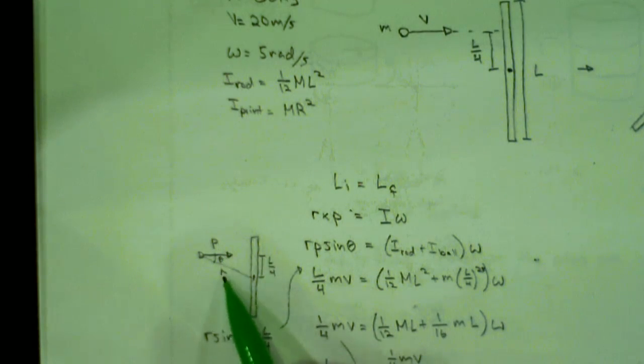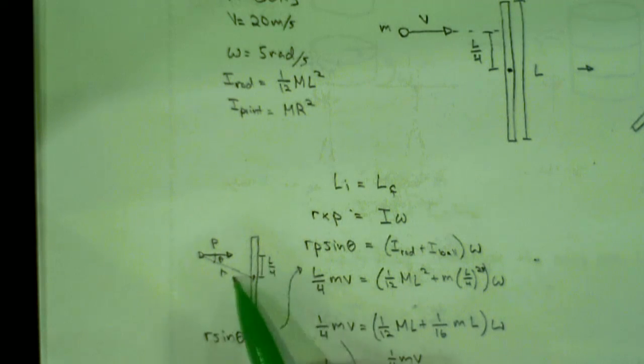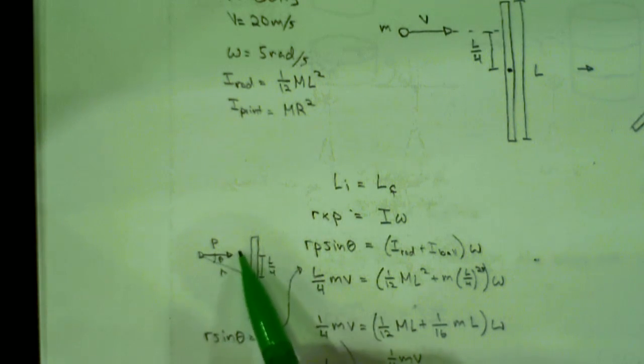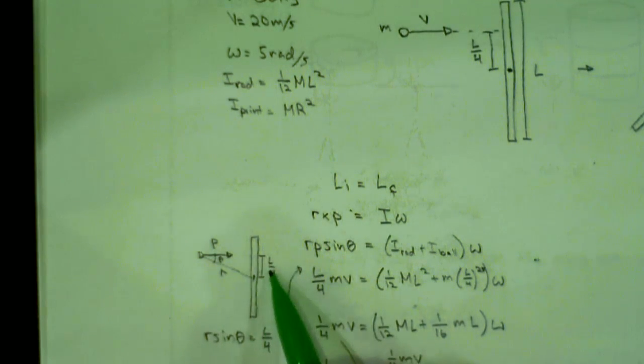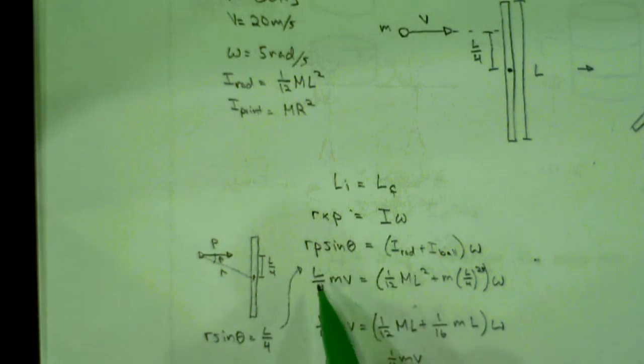And so if we were to do r sine theta, using trig, r sine theta is actually just this height right here. And it's constant no matter where the ball is. So once the ball's here, it's still L over 4. Okay? So if we notice that, we can replace r sine theta with L over 4. So that's what this r sine theta turns into, L over 4.